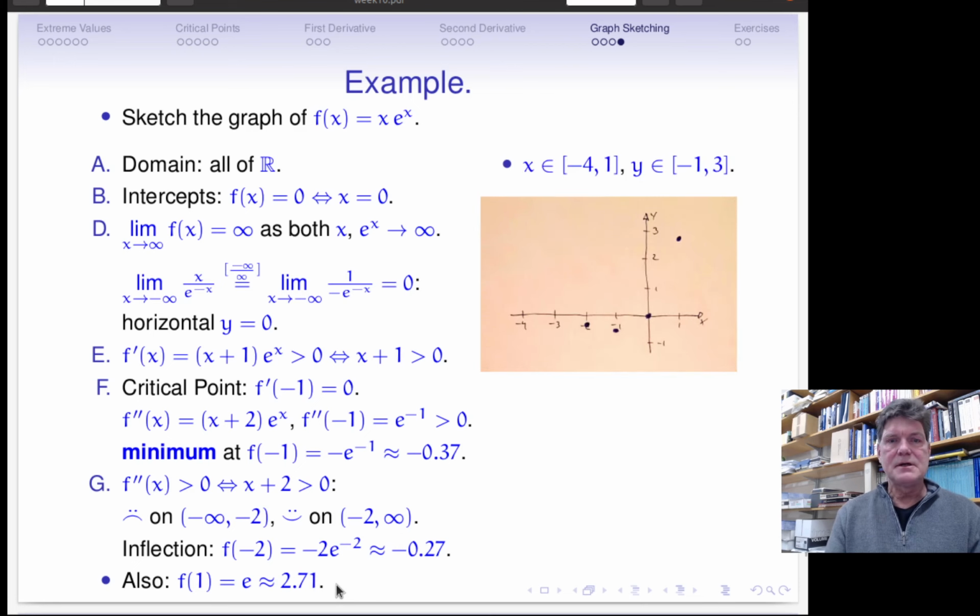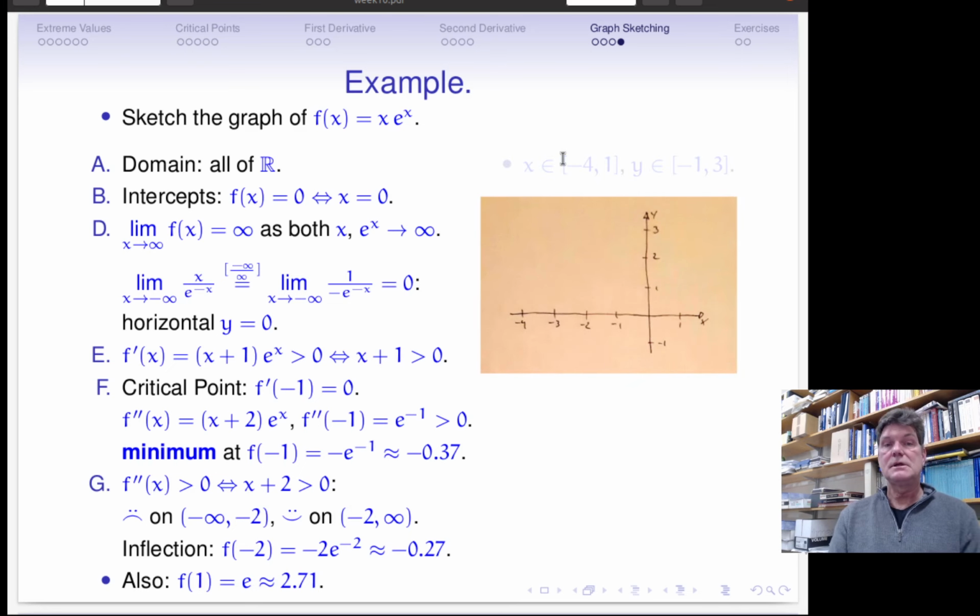And then deciding that x should run from minus 4 to 1 to include all the interesting points, and to let e to the x not grow too big, and then correspondingly the y goes from minus 1 to 3 to make room for the local minimum here and the extra value e at 1 that we drew in.